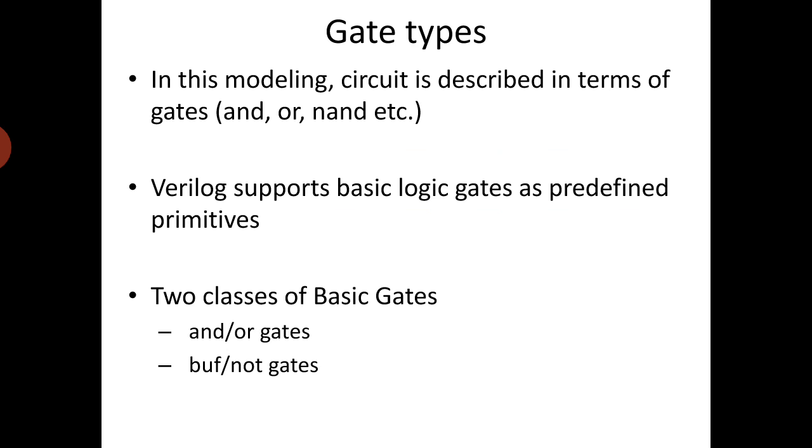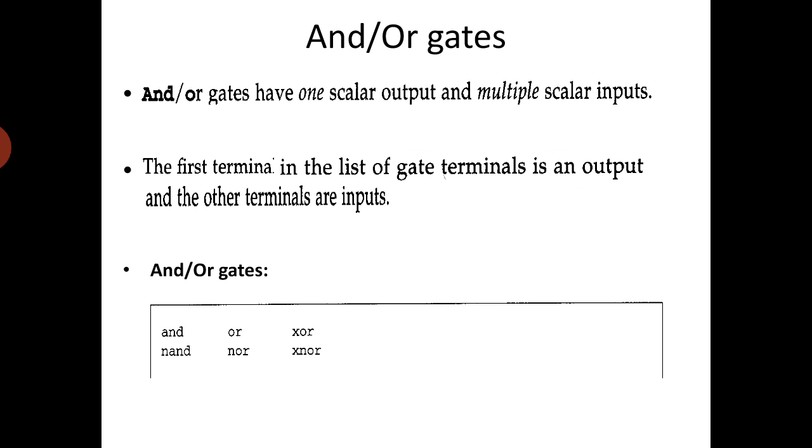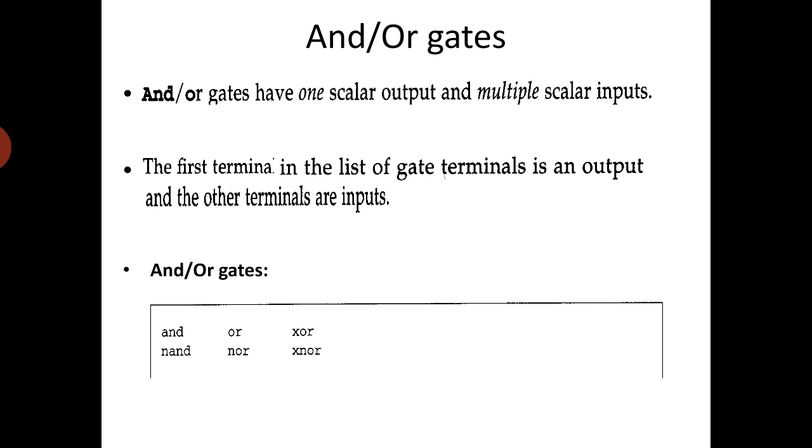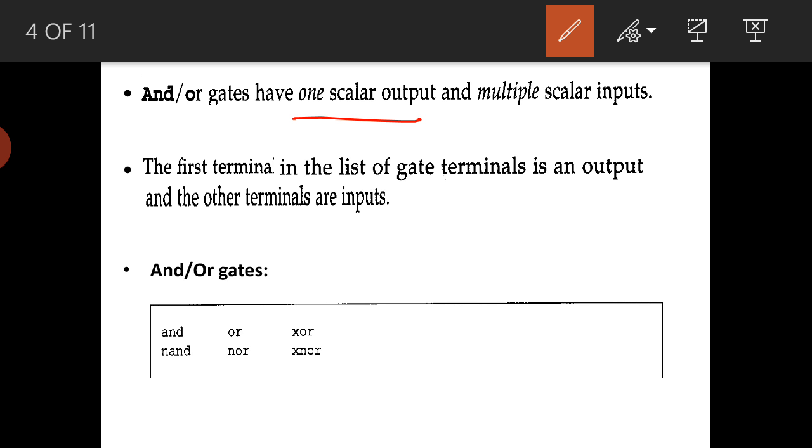Now, as there are two types of basic gates, you will see the first one, the and/or gates. These will have one scalar output and multiple scalar inputs, whatever the gate may be.